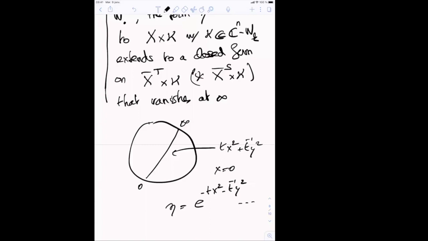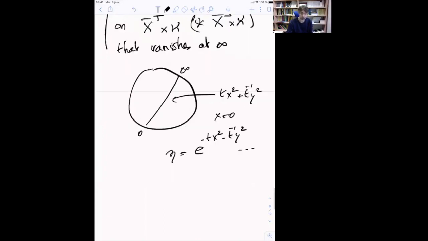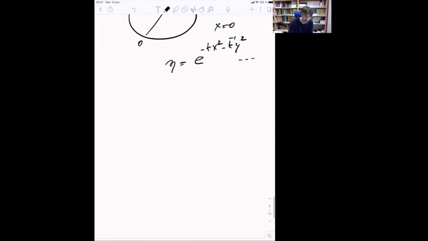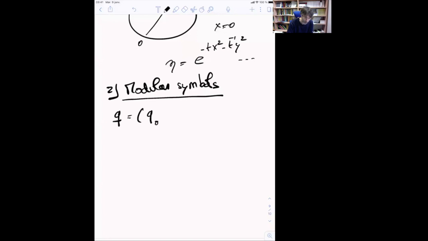Okay. Great, thank you. And now I want to relate these boundary things to modular symbols. So this will be my second part. Modular symbols, and they will be associated to a k+1 tuple of vectors in Cn minus 0, so non-zero vectors.